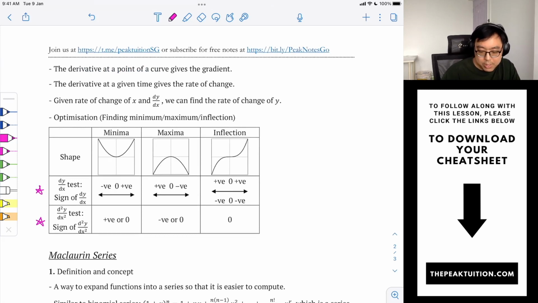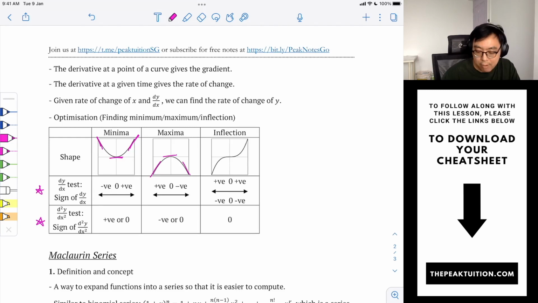So we see that when we have a graph like this, the derivative, which tells us the gradient, also the rate of change, they're all the same thing in this context. The derivative is first negative, then 0, then positive. That's a minimum point. In the case of a maximum point, the derivative is positive, 0, then negative.